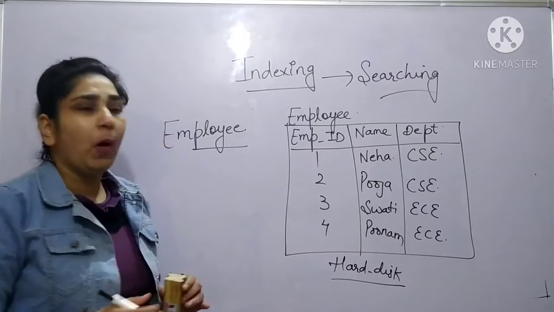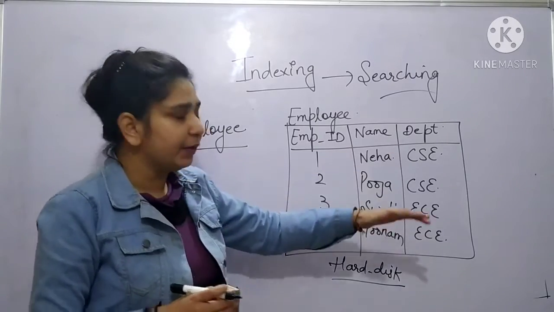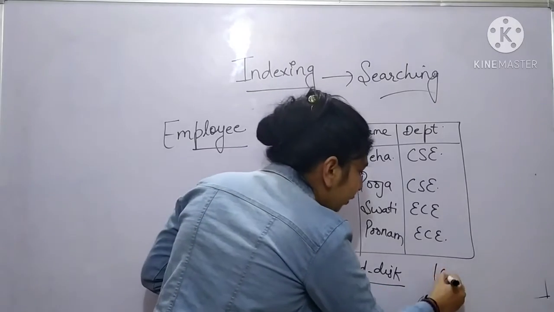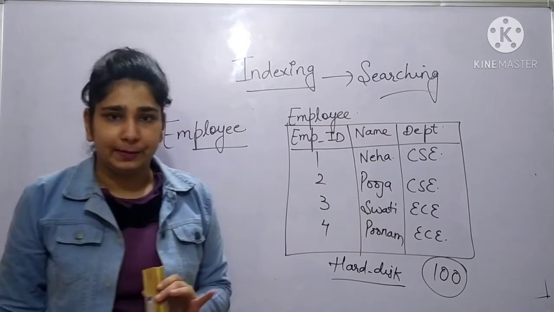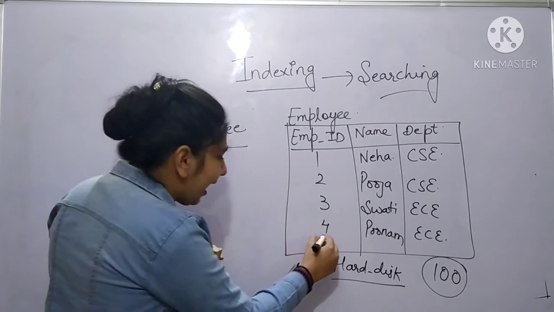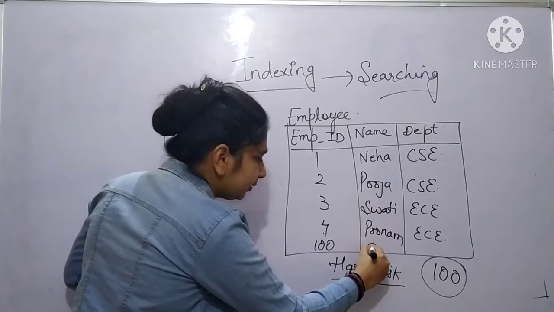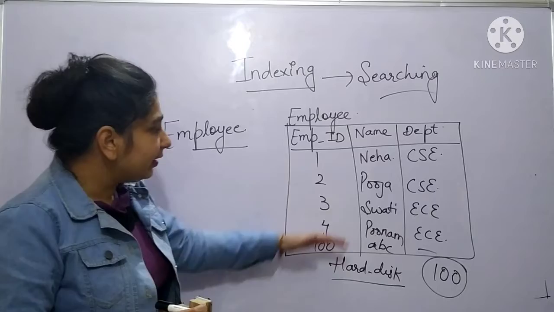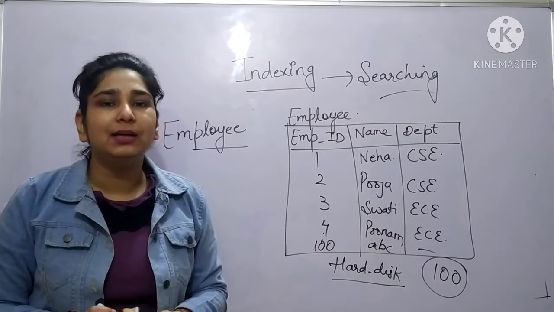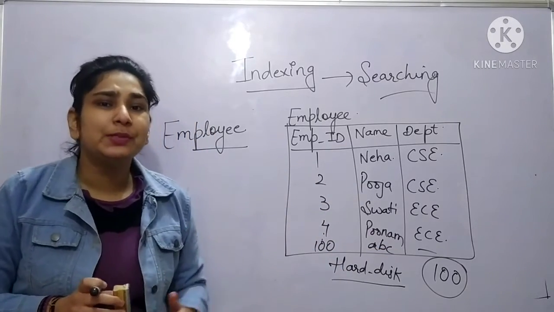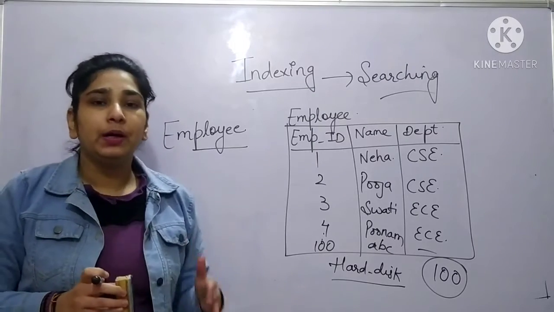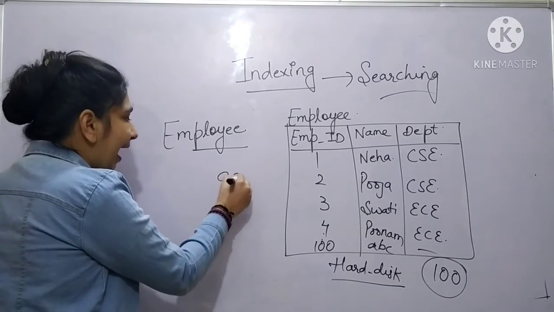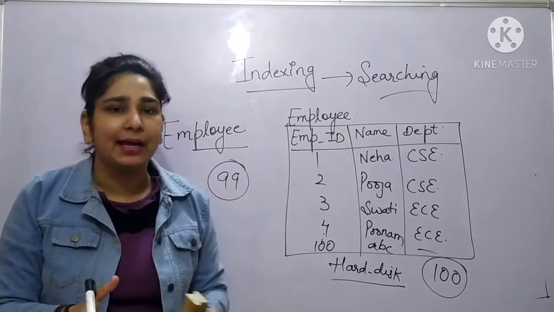Let's suppose I am just taking 4 records here, but let's suppose we have 100 records present in this table, and all these 100 records are saved in the hard disk. The user asks that I want to fetch the detail of the employee having employee ID 99.